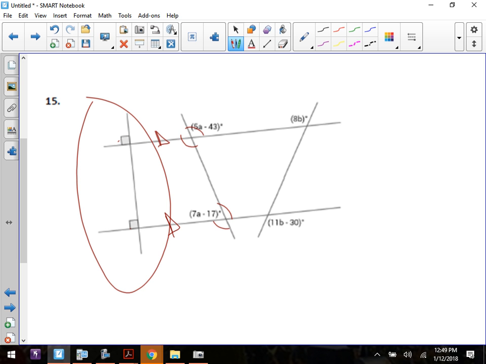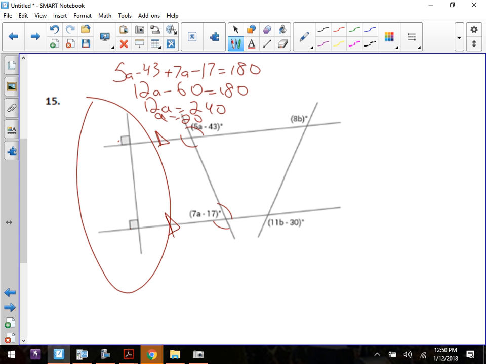So that means these two are going to be supplementary. So you get 5a minus 43 plus 7a minus 17 equals 180. You get a equals 20.